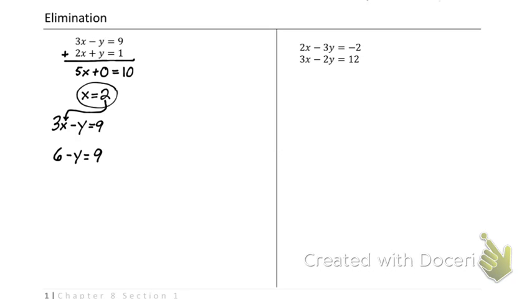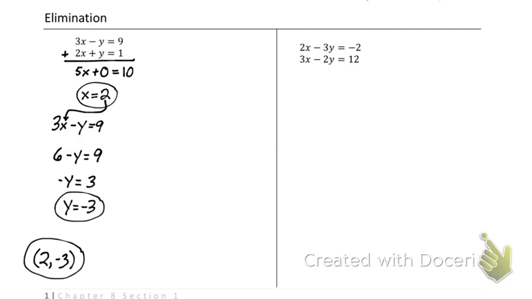Subtract 6 from both sides. We're going to have negative y equals 3. So y actually equals negative 3. You can be done now, or you can write it as the point 2, negative 3. I don't care how you give me the answer. They're both fine.